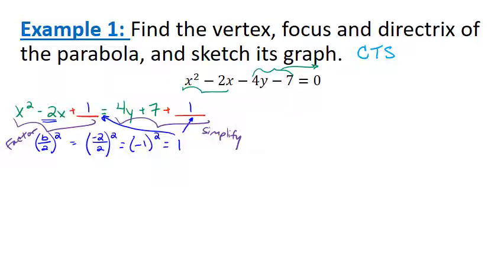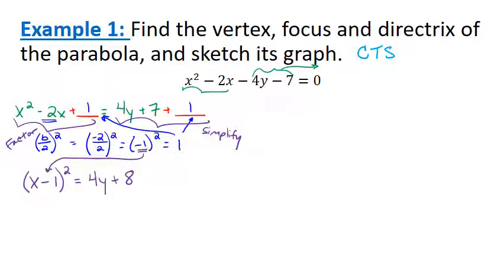So this is going to end up being x minus 1 quantity squared. And really, this number comes from my special little number before it's squared. So this is always what will end up here. Food for thought. Now on the right hand side, I'm just going to combine like terms and end up with 4y plus 8.